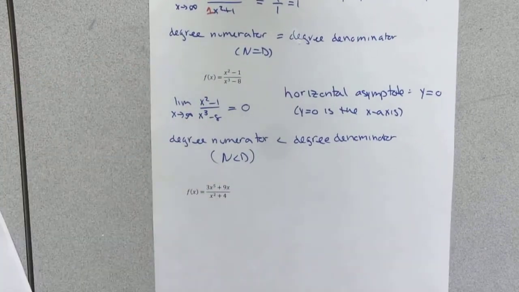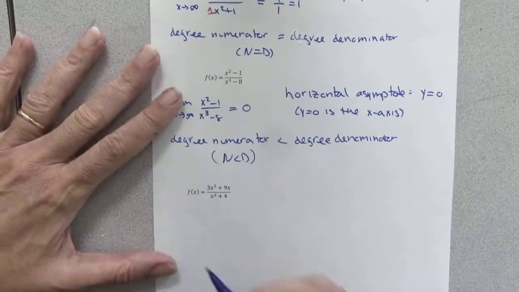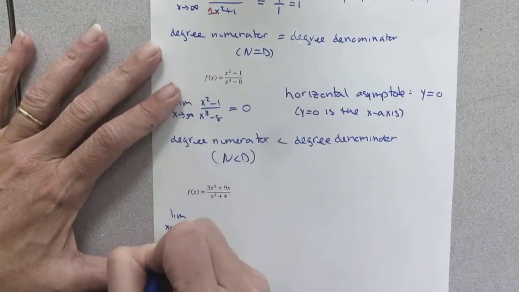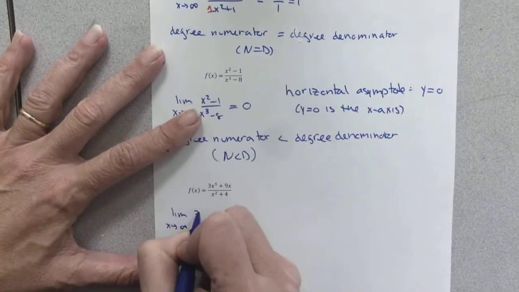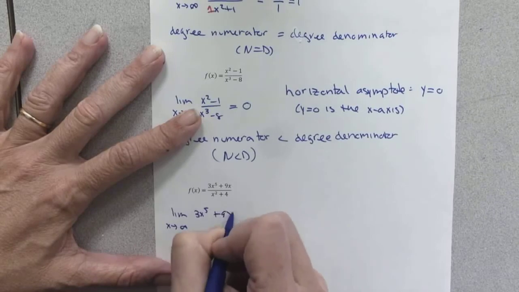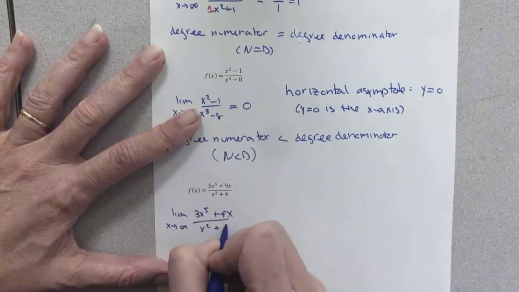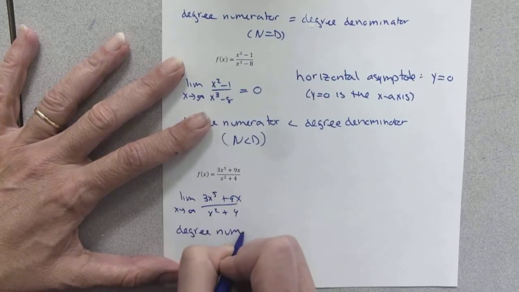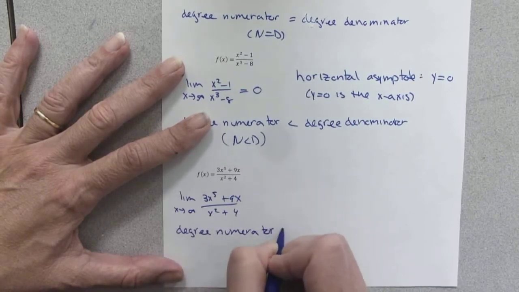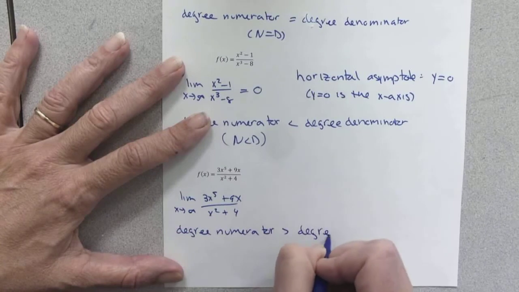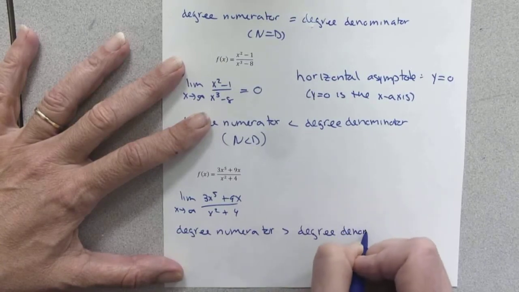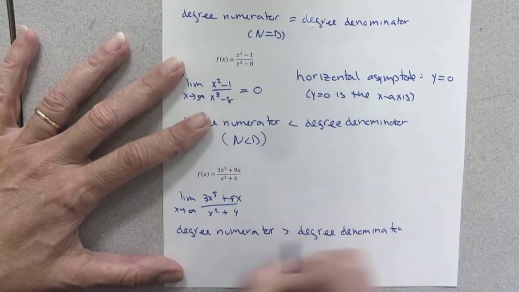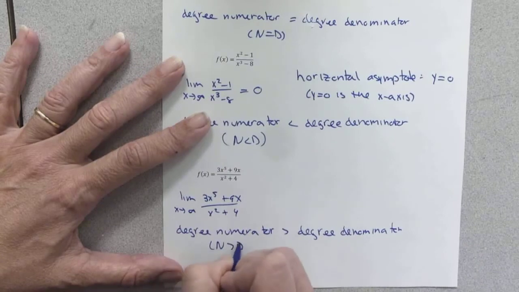And the last one here, again, we look at the limit as x goes to infinity of 3x to the 5th plus 9x over x squared plus 4. Here the degree of the numerator is greater than the degree of the denominator, so that's n greater than d.